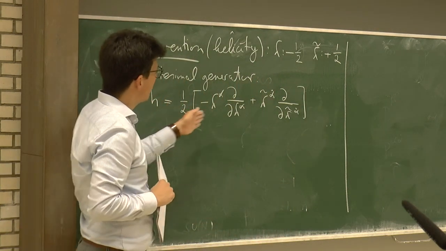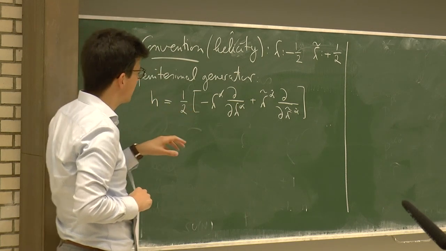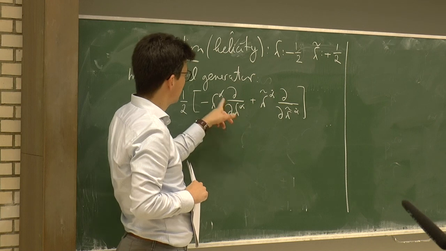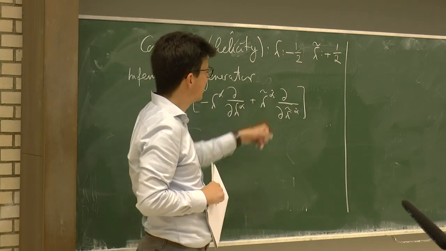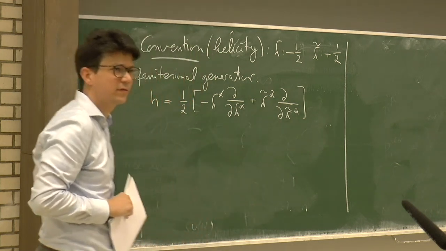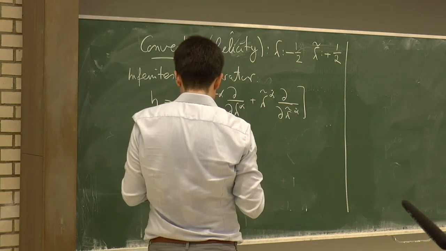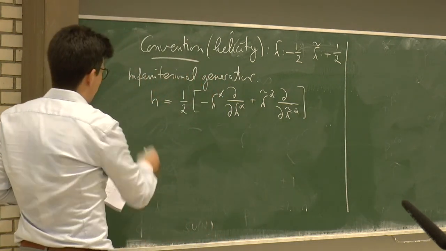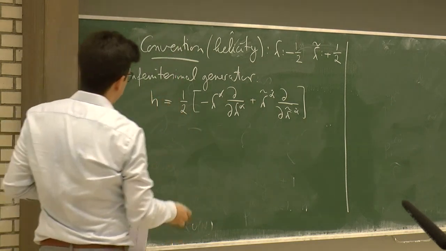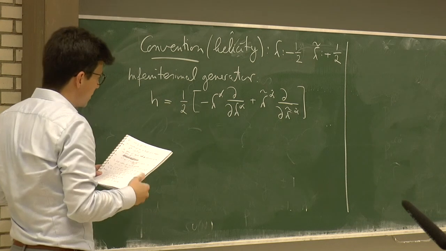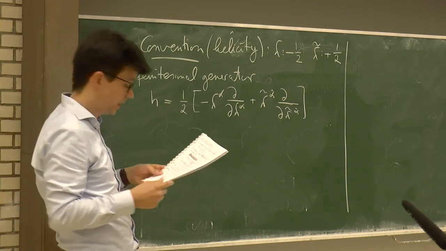So this is just an operator which, if it sees any lambda, just detects it and gives you minus 1/2, and if it sees any lambda twiddle, it gives you 1/2, and otherwise just reproduces the expression.